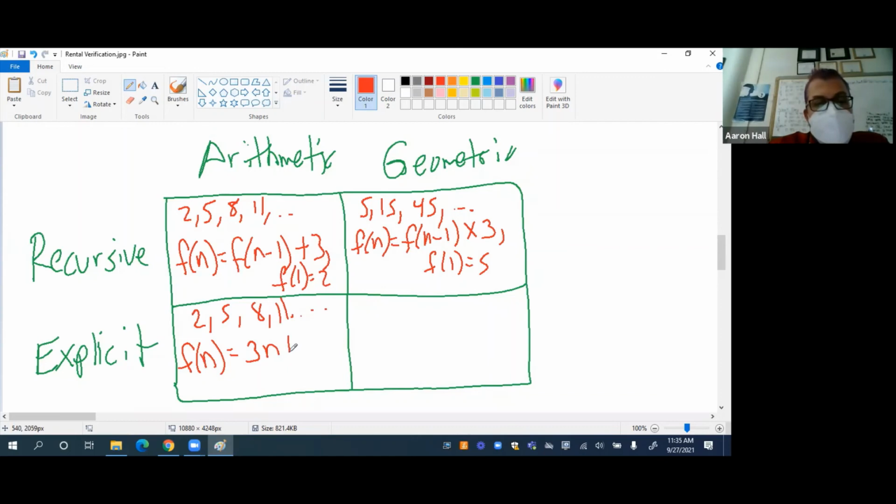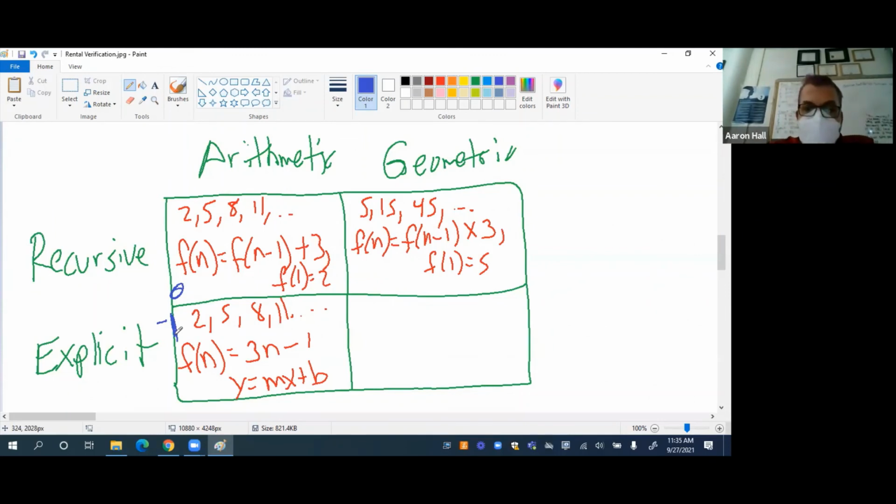Plus what? -1, because you went back and found the first term. So what we're literally doing is using y equals mx plus b. Yep. For explicit arithmetic, you're using y equals mx plus b. You're going back and finding the 0th term of -1.